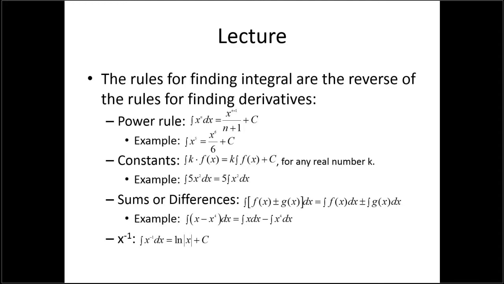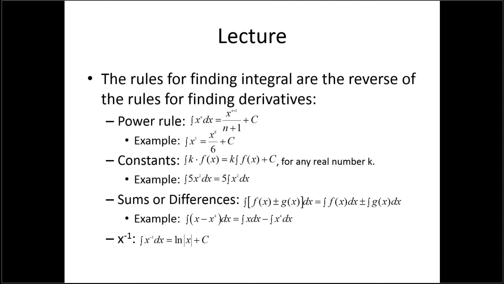So the integral of x to the 5th would be x to the 6th over 6 plus c, your constant term. For integrals involving constants times functions, you can just pull the constant term out front and multiply that later.